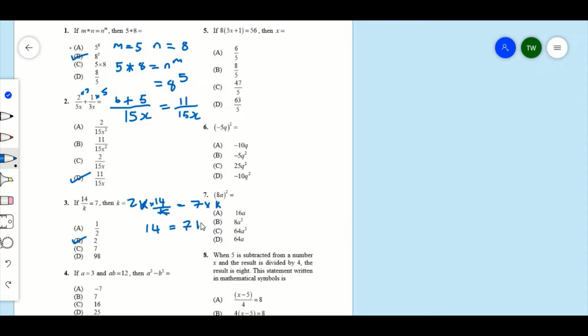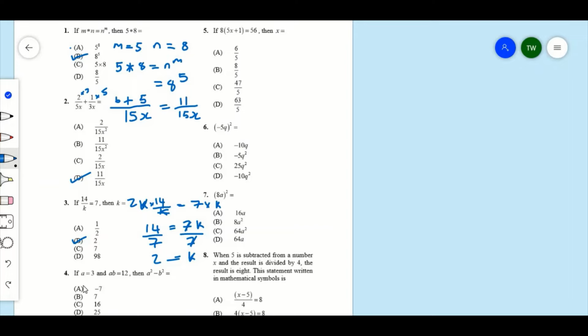And in order to determine the value of k, you're going to divide both sides by 7, and 7 will cancel out 7. So therefore k is going to equal 14 divided by 7, which is 2.